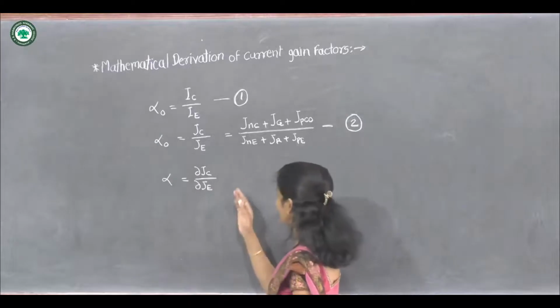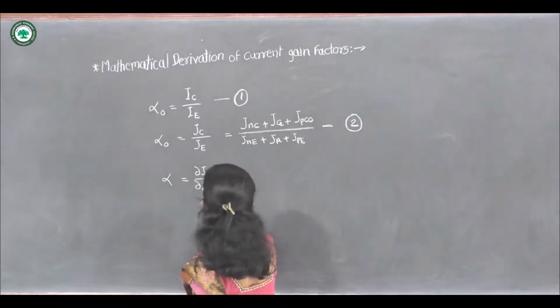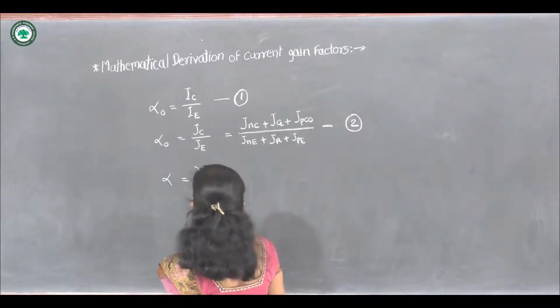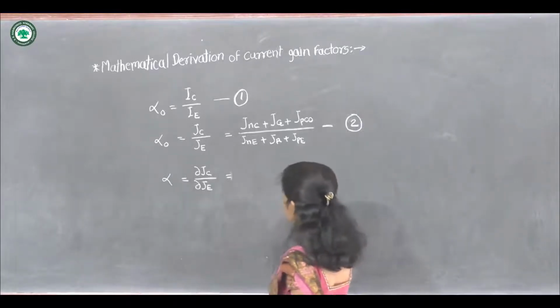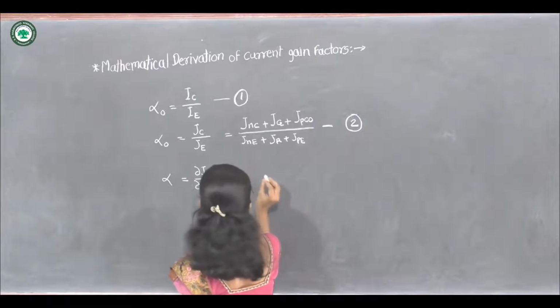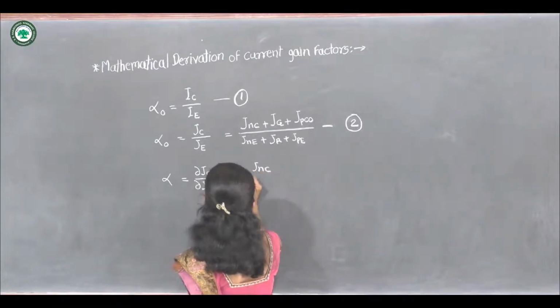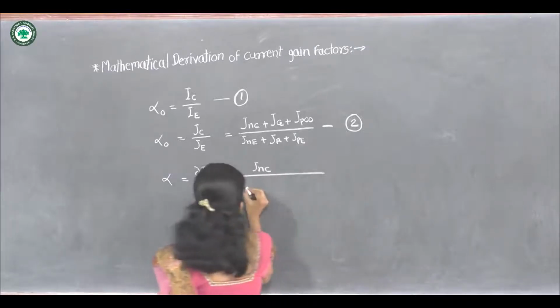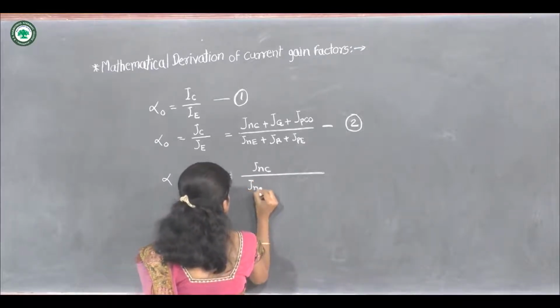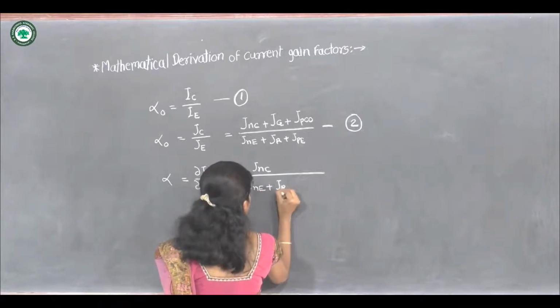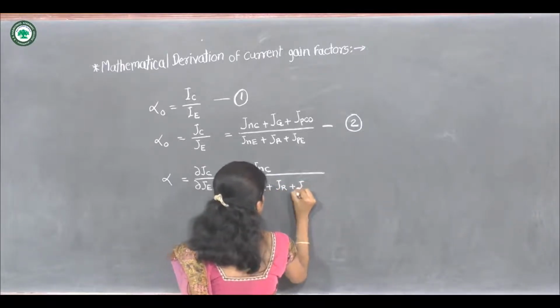This small change in collector current density as a function of small change in emitter current density will be written as JNC upon JNE plus JR plus JPE.